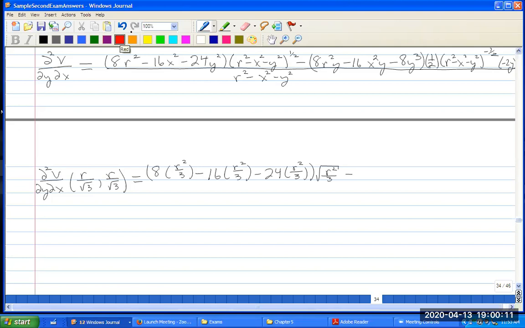And actually, let's cancel at least the 2's here. Minus 8. And let's multiply the y inside. So minus 8 r squared. Then your y squared gives you r squared over 3.